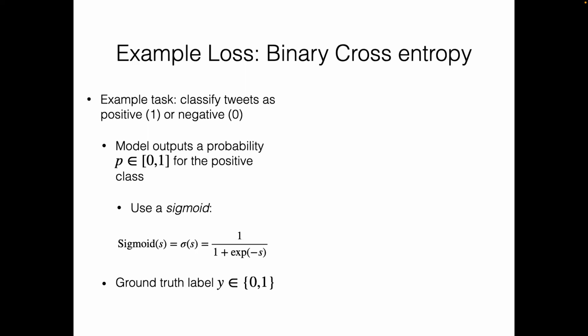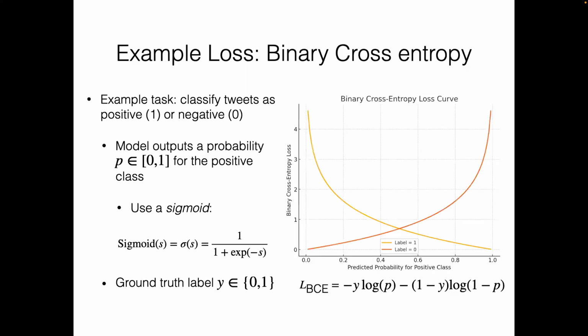And the question is, how do we form some loss function? So this binary cross entropy loss looks like this on the right, and you can see the loss written there below. And a good way to look at this is just look at one thing at a time. So let's first suppose that y equals 1. Then this term here will be zeroed out, so we could basically ignore it. And then this term here will be 1 times log p.